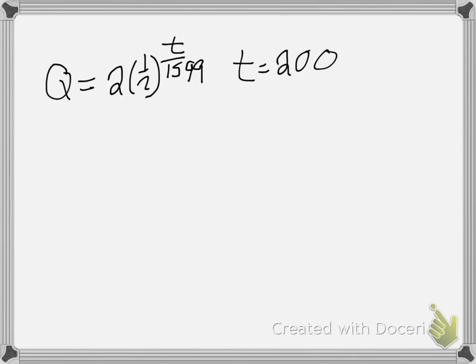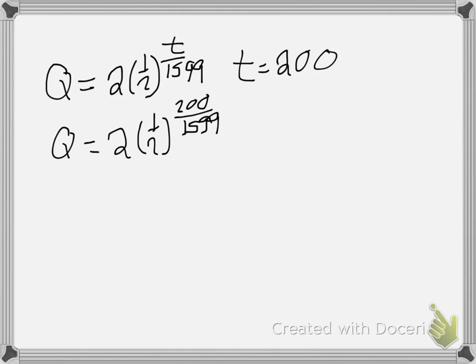This one I was really upset with so many of you because you've got to do your order of operations. I mean, most of you set it up right. I mean, you know that you have to put 200 in for t. So you had 2 times 1/2 times 200 over 1599.